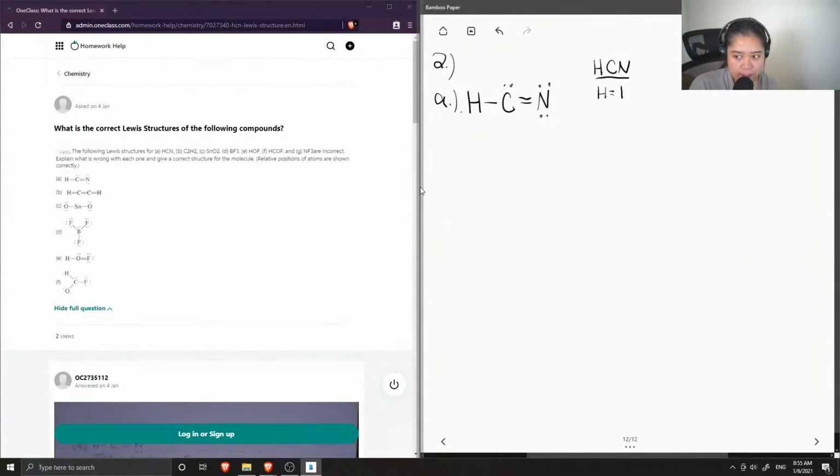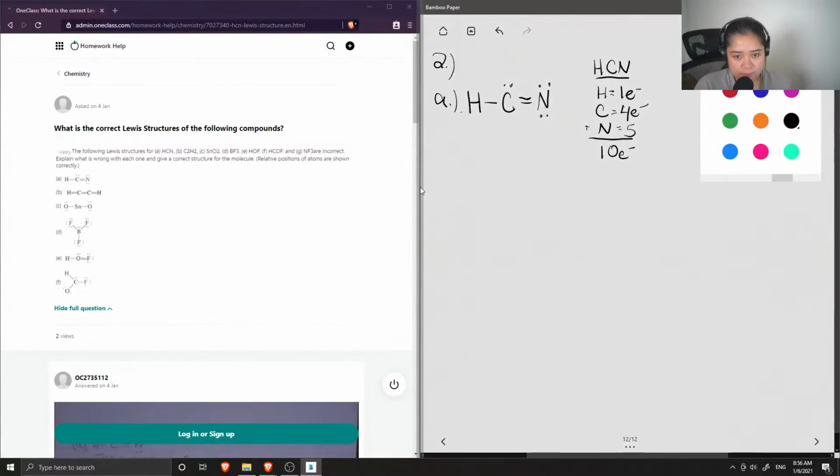So hydrogen has a valence electron of 1, carbon is 4, and nitrogen is 5. So if we add it all together, we're only supposed to have 10 valence electrons in this molecule.